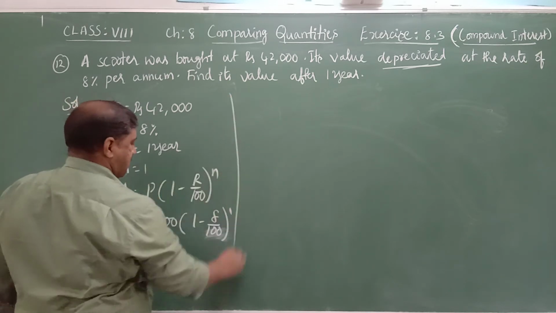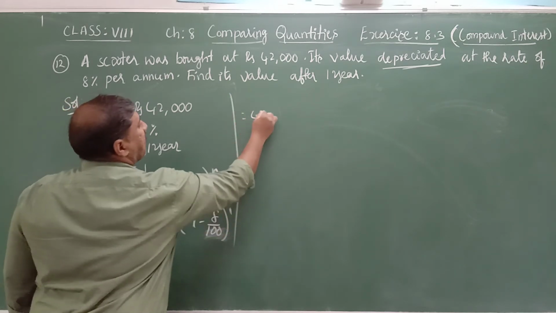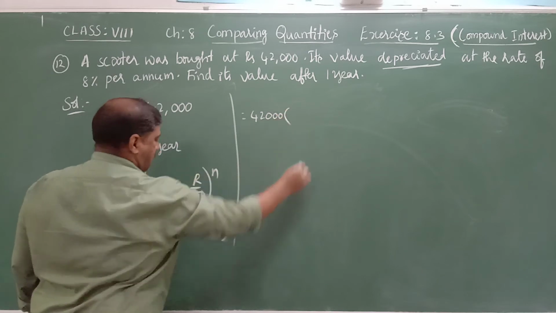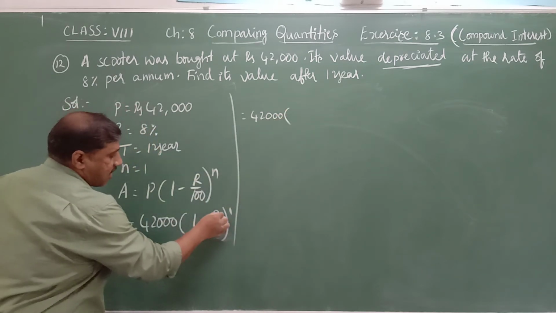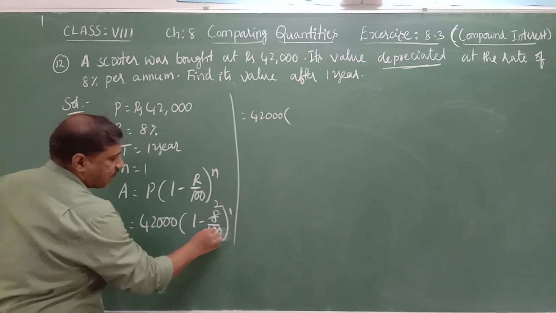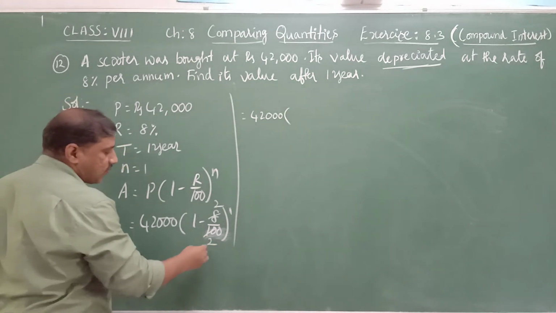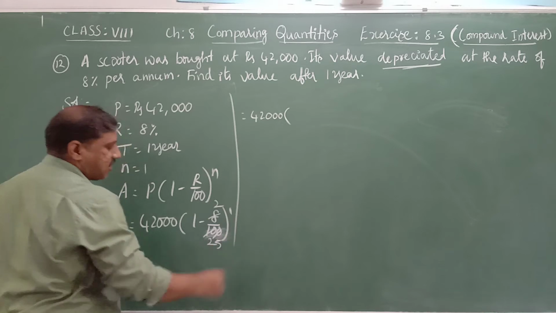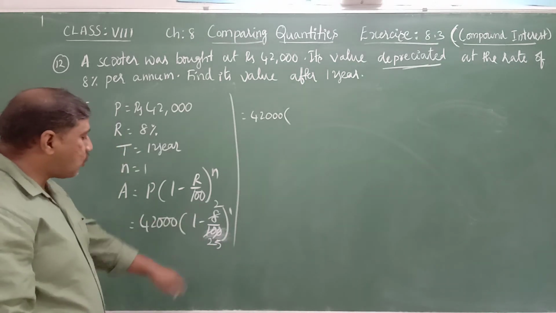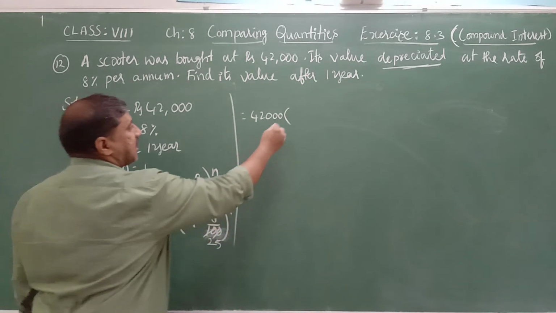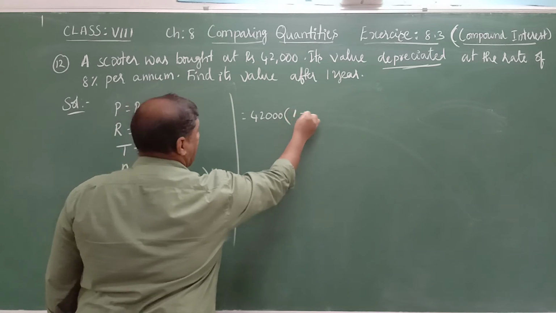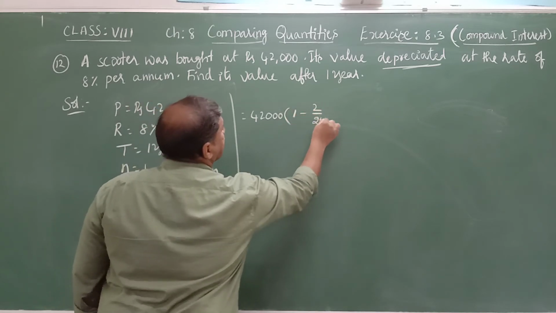Simplify this. That is equal to 42,000 into (1 minus 8 by 100). 4 2s are 8, 4 2s are 8, 10 minus 8 is 2, 20, 4 5s are 20. That is 2 by 25. So we get 42,000 into (1 minus 2 by 25).